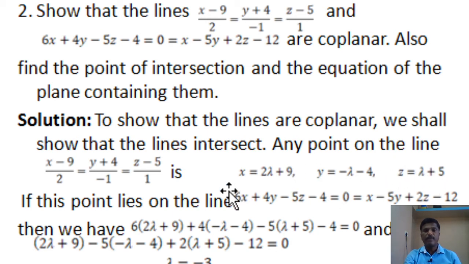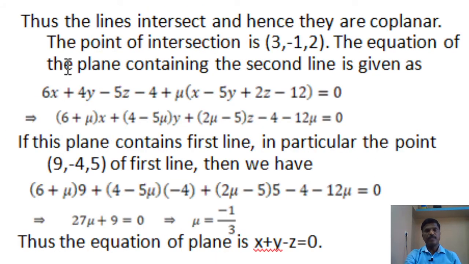If this point lies on the line 6x plus 4y minus 5z minus 4 = 0 = x minus 5y plus 2z minus 12, then we replace x, y, z, that is 6 times (2 lambda plus 9) plus 4 times (minus lambda minus 4) minus 5 times (lambda plus 5) minus 4 is equal to 0, and solving this we get lambda equal to minus 3.